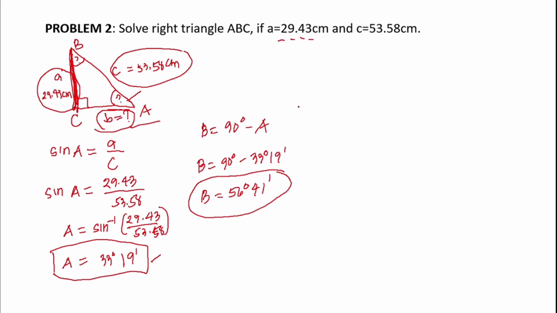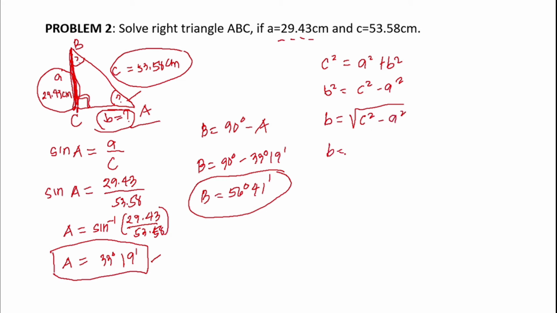In this case, we'll make use of the Pythagorean theorem, which is C squared is equal to A squared plus B squared, since this is a 90 degree triangle. So to solve for B, B squared is equal to C squared minus A squared. So B is equal to the square root of C squared minus A squared.